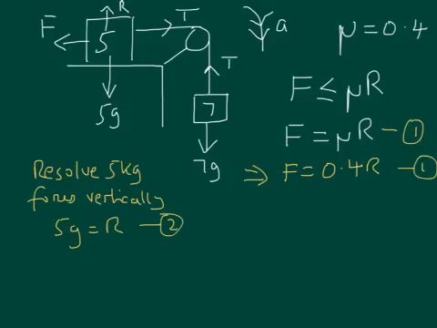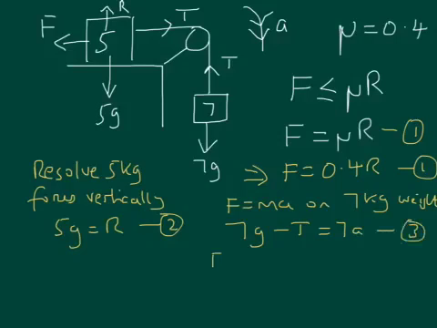This was equation 1. Let's consider F equals MA on the 7 kilogram weight, then 7G minus T, that's the resultant force, is the mass 7 times the acceleration.